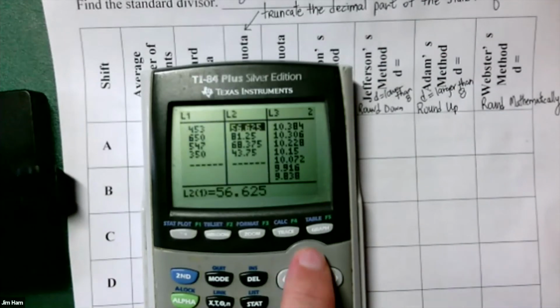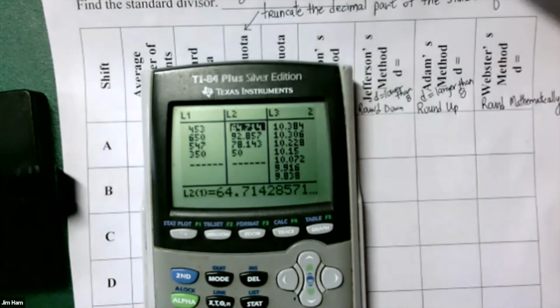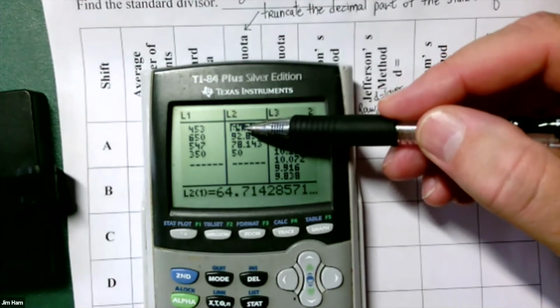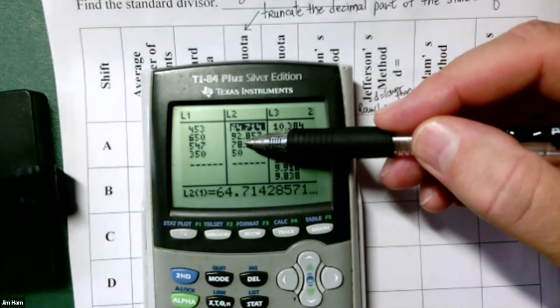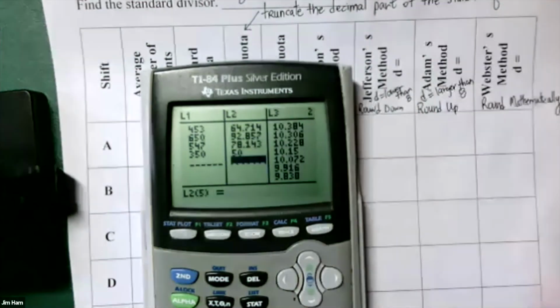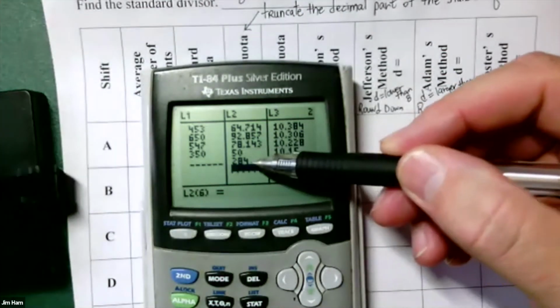So let's see if we take L1 and divide by 7, and then we round down. So if we took 64, 92, 78, and 50, maybe I'll just add them down here. 64 plus 92 plus 78 plus 50, we would get 284.